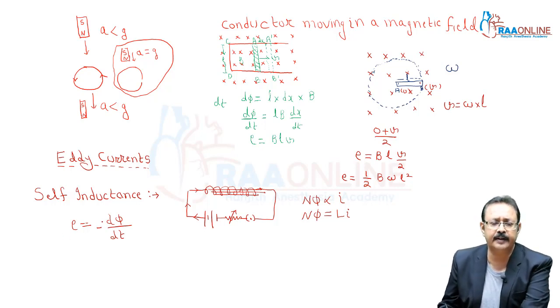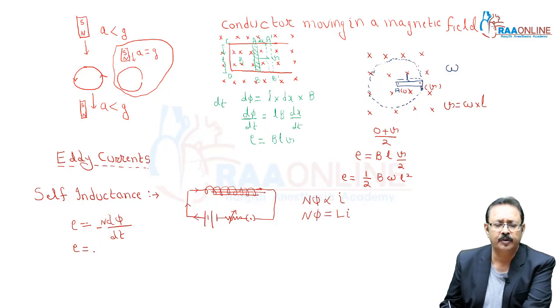But if there are n turns, in each turn you will find this induced EMF. So total induced EMF in that case should be minus n d phi by dt. So we can write E is equal to, n is constant, you can take it inside the sign of differentiation, minus d upon dt of n phi. But we saw that n phi is Li, so we can write it minus d upon dt of Li. L is again constant, take it outside the sign of differentiation.